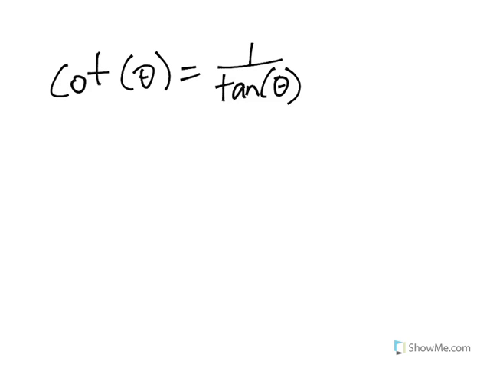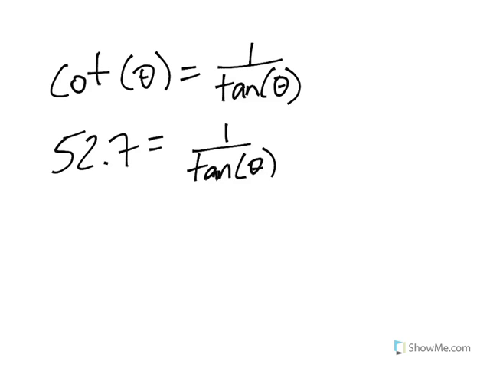So let's say you had some random number like 52.7, and you're like, well, what the heck tangent value will get me 52.7? Answer is the reciprocal of 52.7.